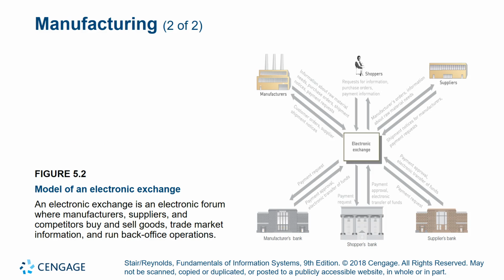So if you look at something like this where we have a bank, the shopper's bank, the supplier's bank, suppliers, shoppers, manufacturers, everybody sending information back and forth through one clearinghouse, we could maximize. So you want to go buy a new Ford Mustang, you get to build it exactly the way you want, with the paint colors you want, with the interior options you want.